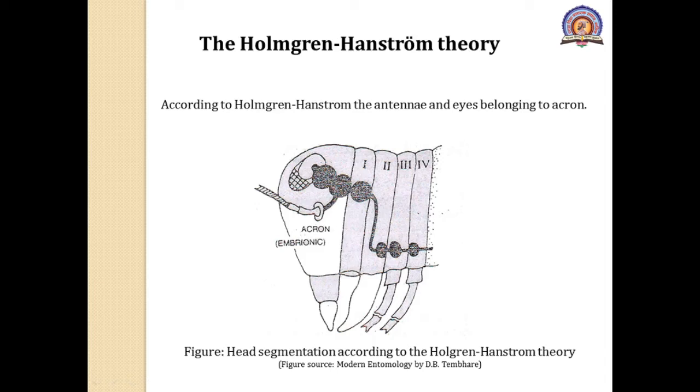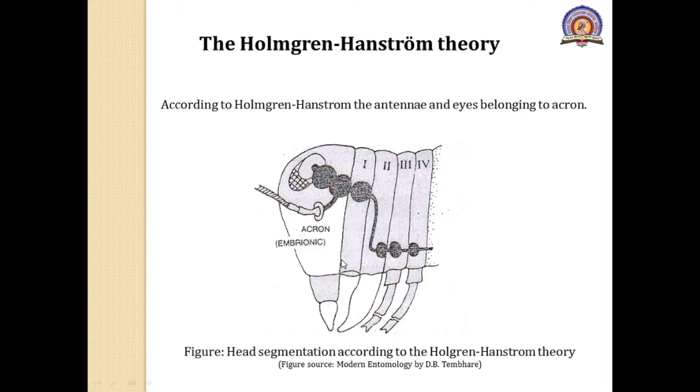This theory is further strongly supported by Butt, Snodgrass and Duport. According to Butt, the second antennae might have been lost in insects, and the labrum appears to be an appendage of the intercalary segment. Means according to these people, the labrum is an appendage belonging to this intercalary segment.